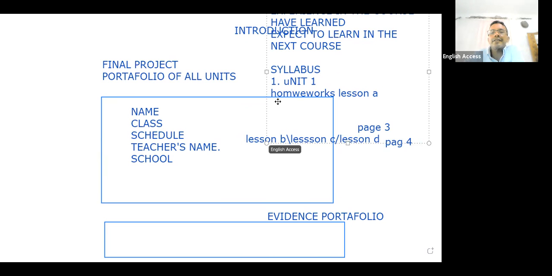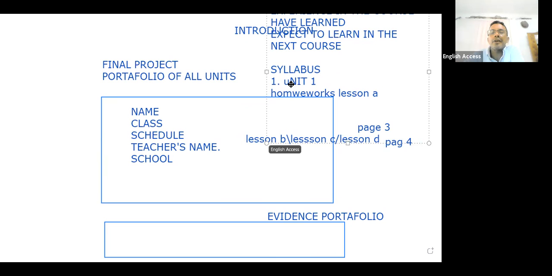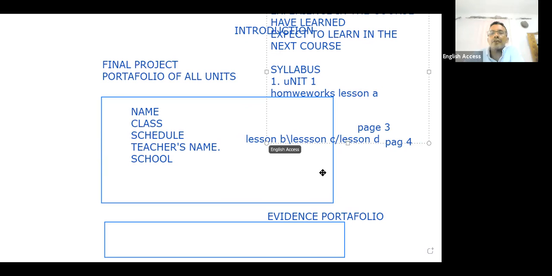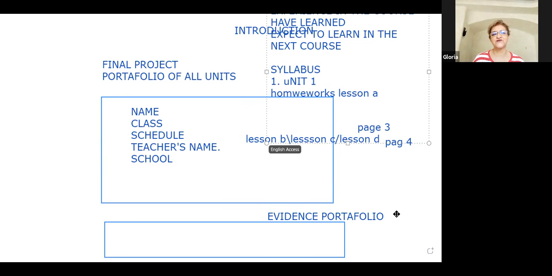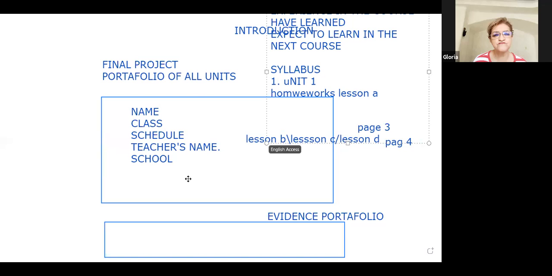Lo mismo que haces en el diario, vas en uno solo, pero tienes que separar. Ok, unidad 1, lección A. Ah, ok. Foto. Lección B, foto. Lección C, foto. Okay. Nada más sería lo primero, la introducción y la presentación. Okay. Yes, teacher. It's okay. Thank you. Yes, it's okay. Thank you.